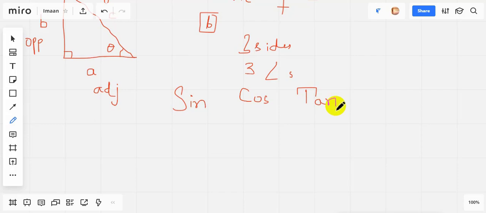We use these 3 functions, the ratio of these 3 functions, to find the unknown element that might be angle or side. Both, we can find both. So now let's talk about these 3 functions briefly, the ratio of these 3. The ratio of these 3 can be found easily using this acronym, SOHCAHTOA.